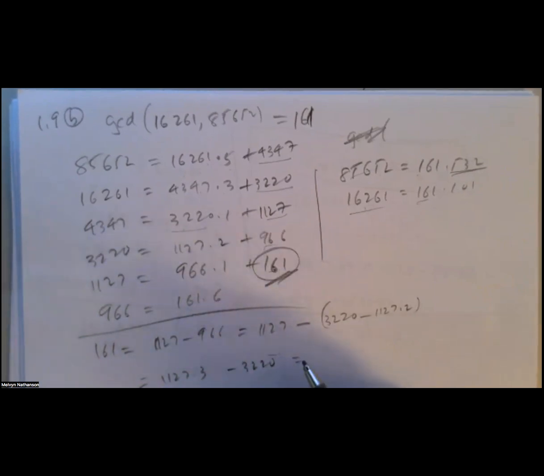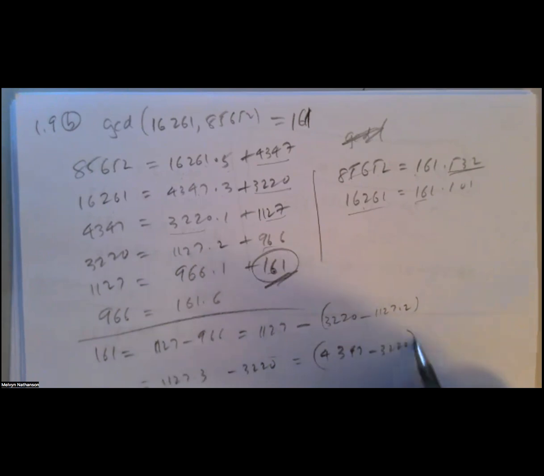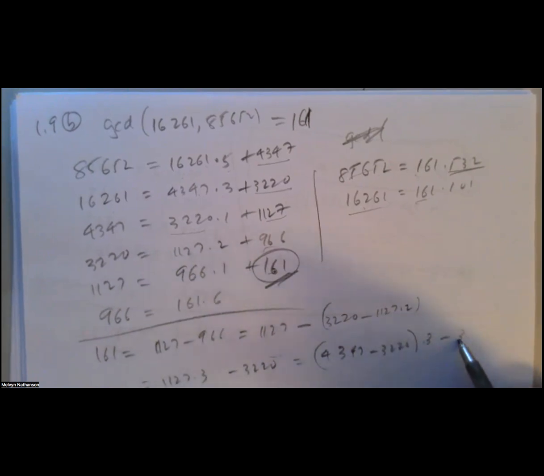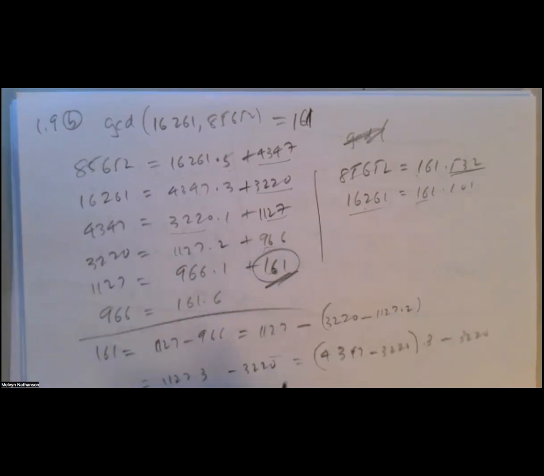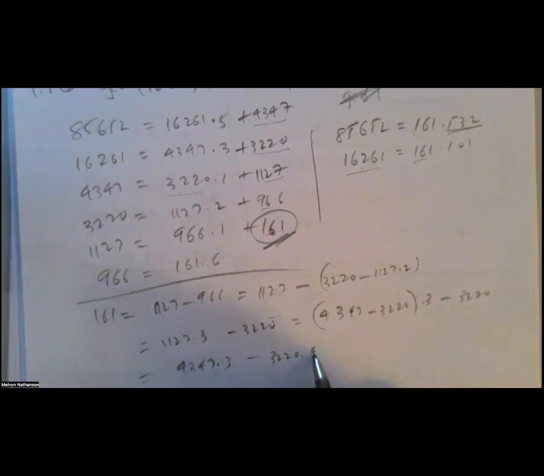But 1127 is 4347 minus 3220. So it's that times 3 minus 3220. So this is 4347 times 3 minus 3220 times 4. It's actually not so long.